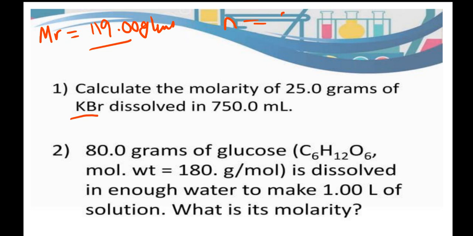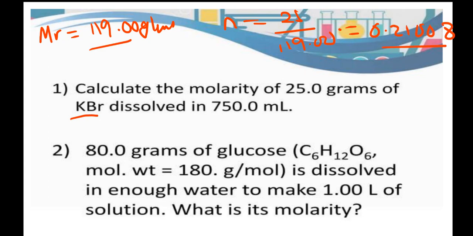So you get your calculator and punch in your values. 25 divided by 119.00, we're going to get about 0.21008. So these will be the moles. Then we notice that this volume here is in milliliters, so we have to change it into liters.